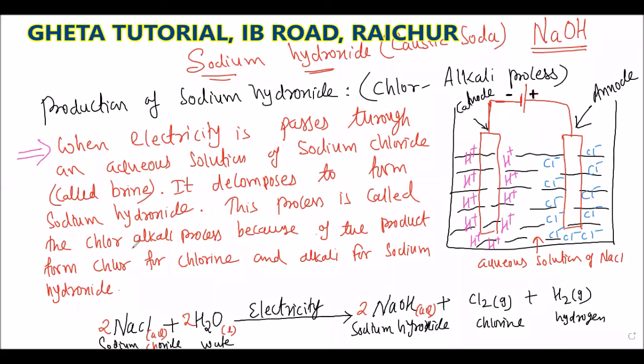So where will you get the chlorine? Anode. So we write here: chlorine gas is given off at anode. And what about the hydrogen gas? Hydrogen gas is given off at the cathode.